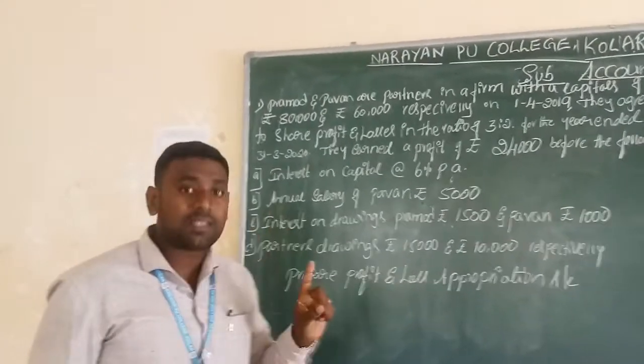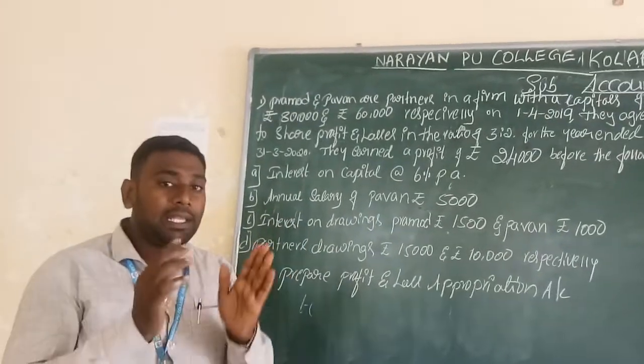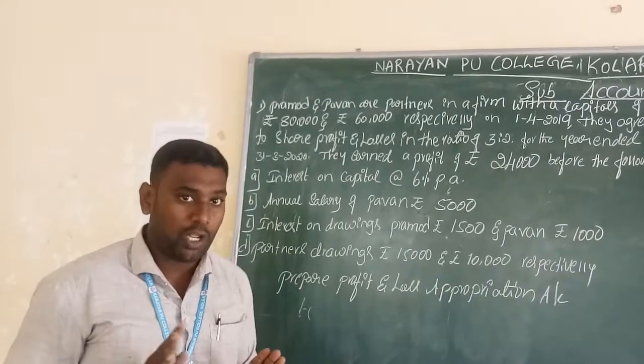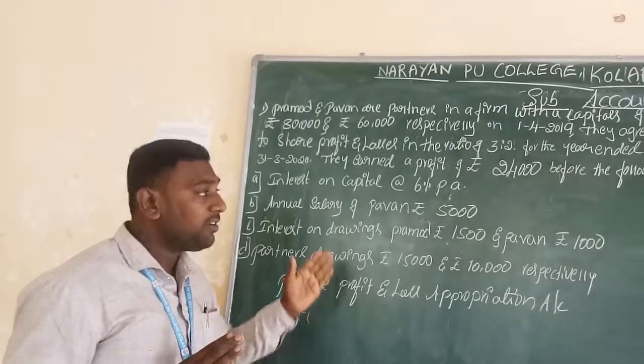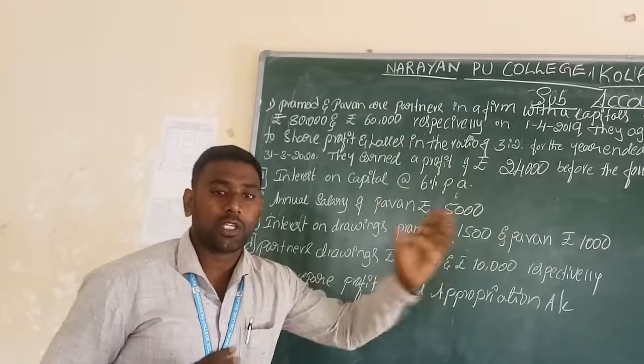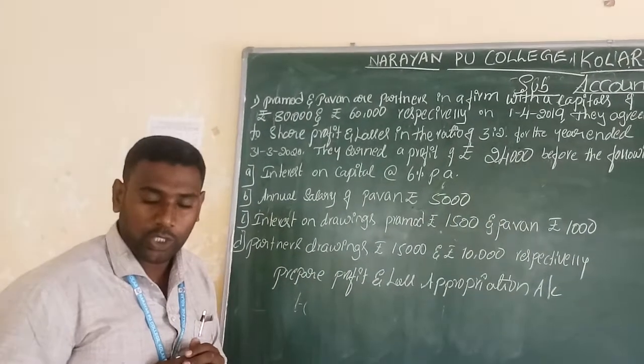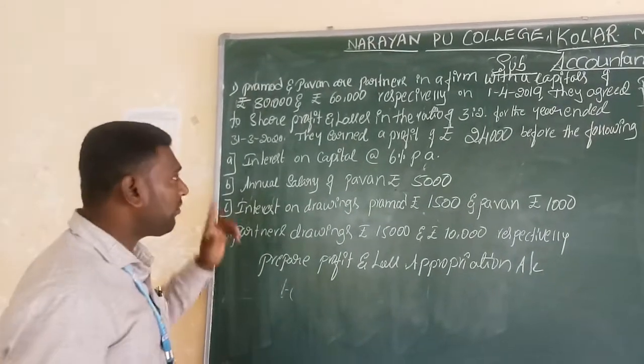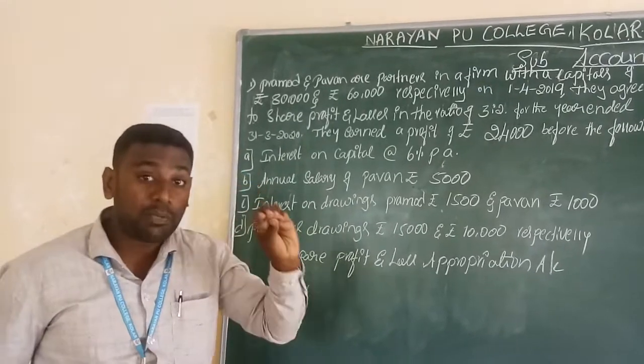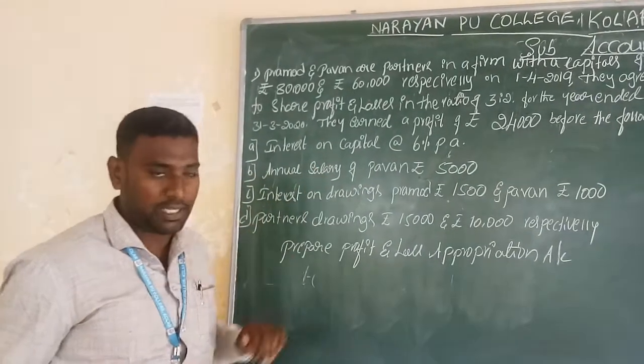So the first step is to clearly understand the question. What is the information given to make a solution for this particular question? First we have to identify some important information available in our question.